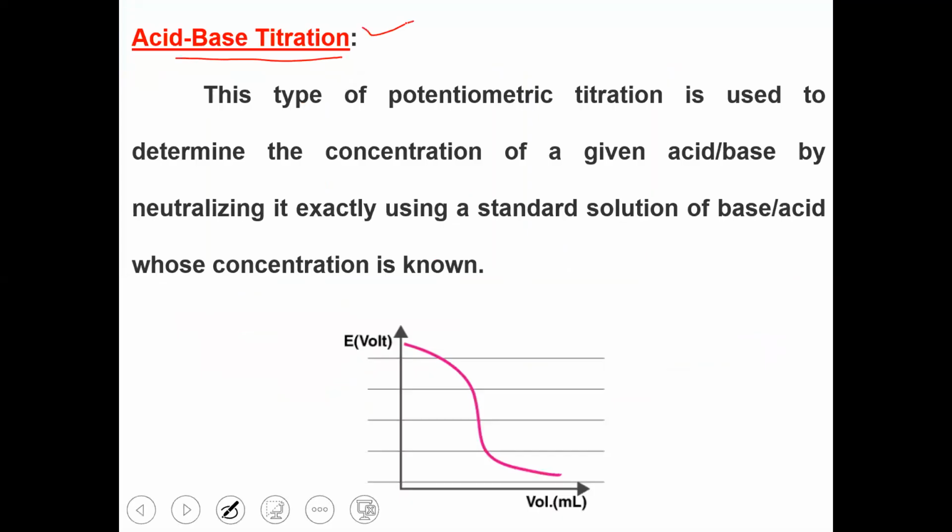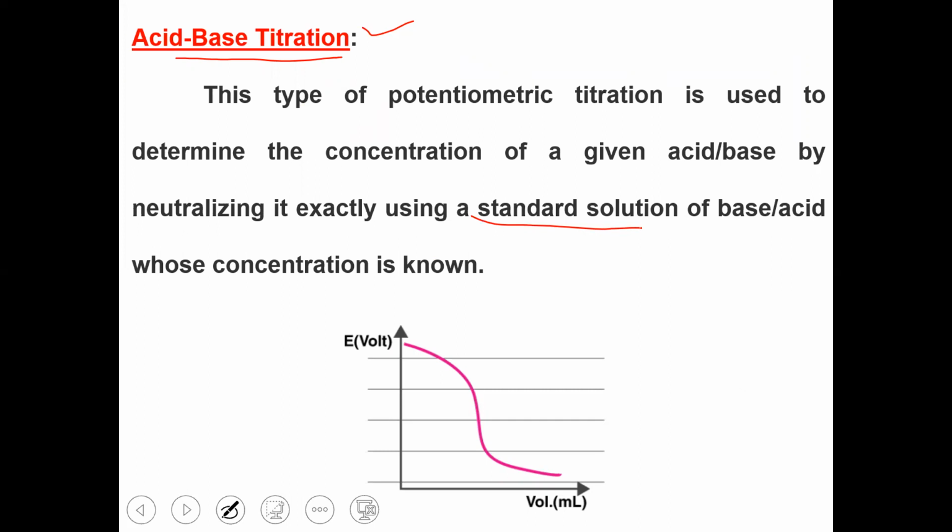Coming to the third and last one, acid-base titrations. This type of potentiometric titration is used to determine the concentration of a given acid or base by neutralizing it exactly using a standard solution of a base or acid.